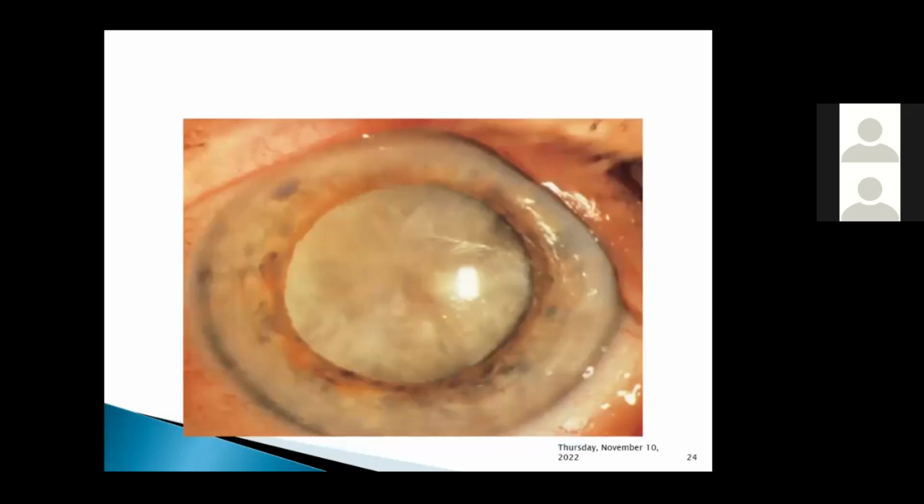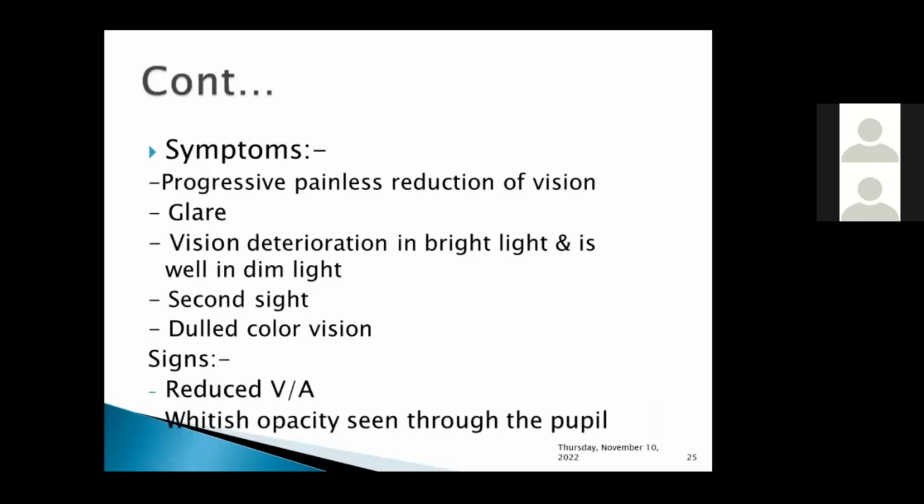So this is a hypermature cataract. As you can see, there is a kind of wrinkling on the surface of the anterior capsule. So with this kind of cataract, even when you do the surgery, the surgeries are difficult and the complication rates are higher.